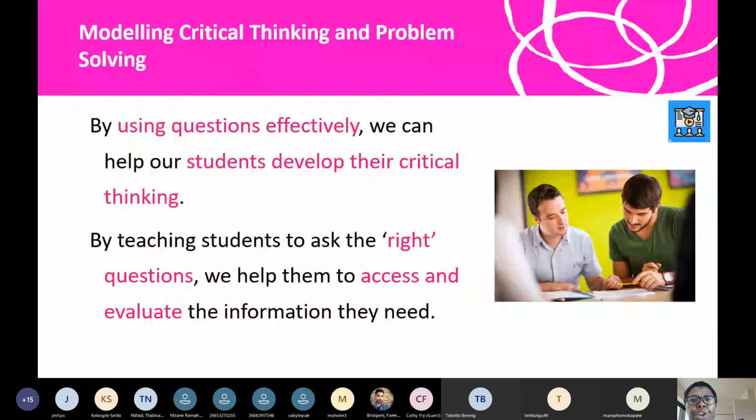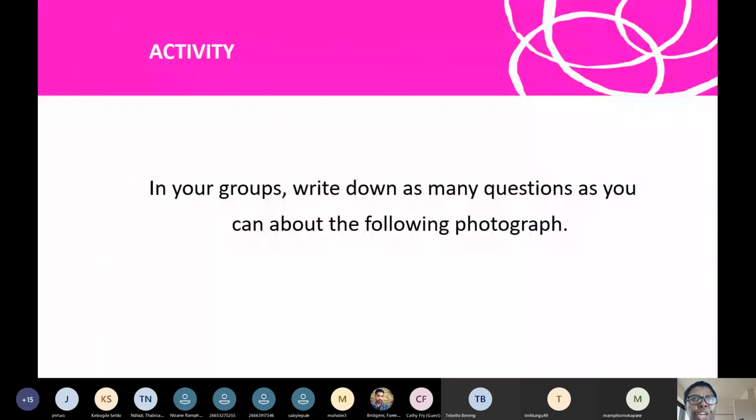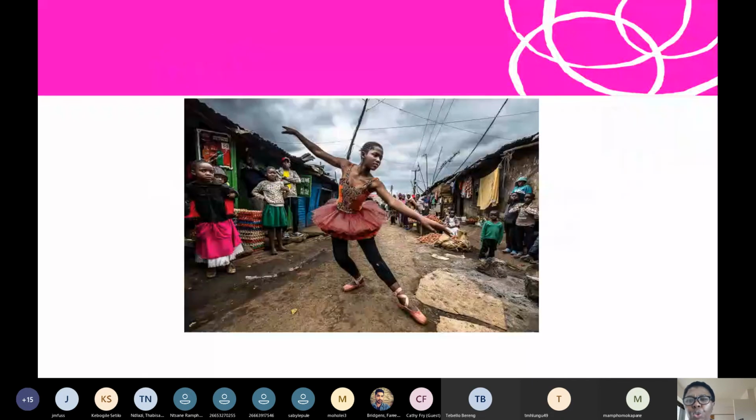Okay, in your group, I want you now to look at the following picture, and then you write 2 questions about the picture that you are seeing there. You've got a picture there on the slide.